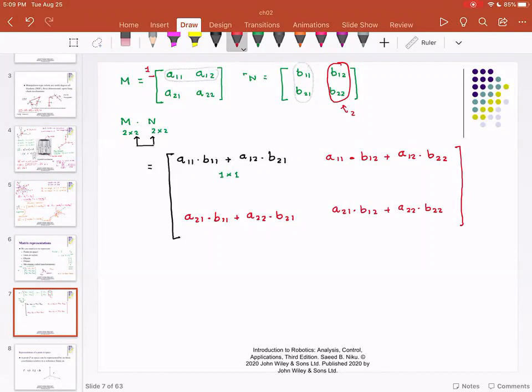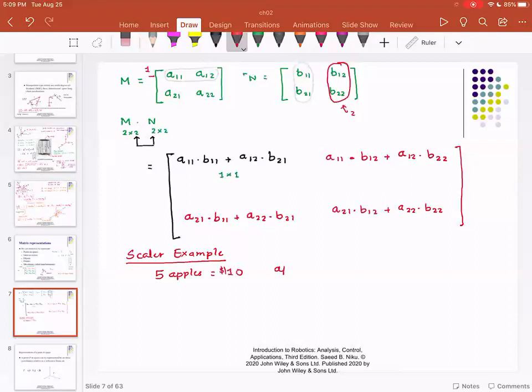Now the next thing I just want to tell you is the concept of the inverse of a matrix. Now think about something like this. Let me give you a scalar example. A scalar example is 5 apples is equal to $10.